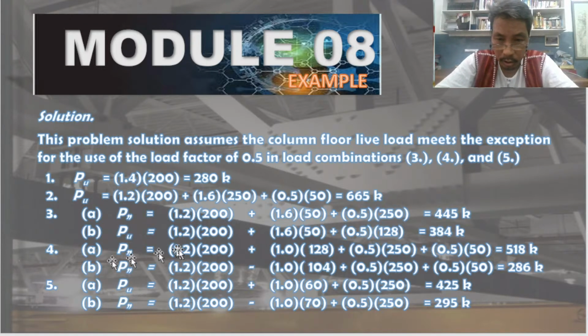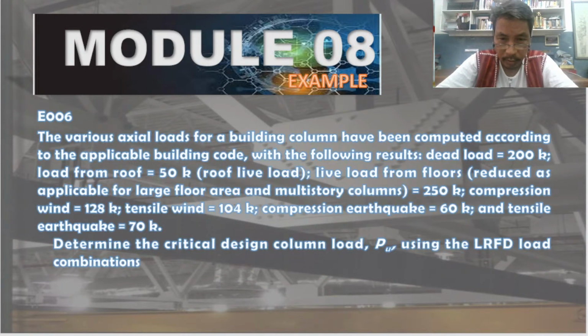Let us recall that is either rain or live load. So 128 is wind. So 128 and 104 are wind, 60 and 70 are earthquake.